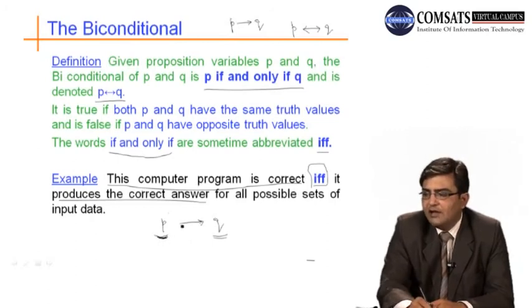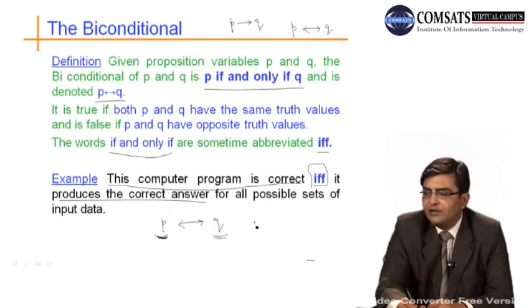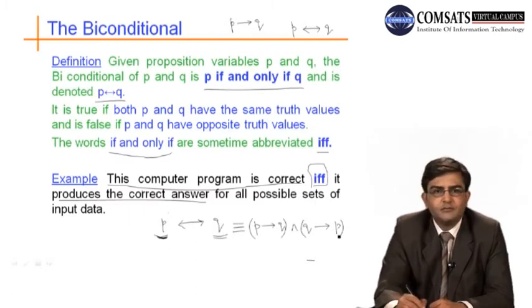So here we have a biconditional, meaning P is a condition for Q and Q is a condition for P. In this case, we can write P implies Q, meaning P is a condition for Q, and Q implies P, meaning Q is a condition for P. So biconditional of P and Q is logically equivalent to P implies Q and Q implies P.